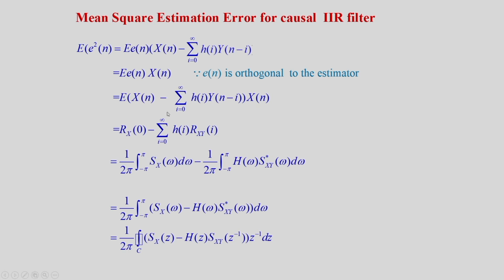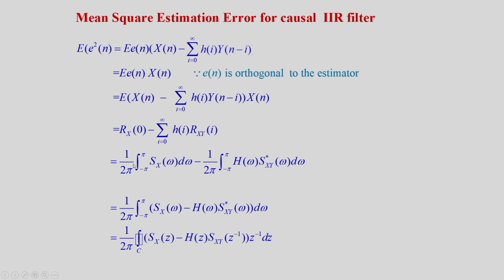And after taking the expectation operation, we will get E of x(n) into x(n), that is Rx(0). Similarly, this part will be summation h(i) into Rxy(i), i going from 0 to infinity. So, this is the mean square error of estimation. And in terms of the transfer function, we can get it in the frequency domain.